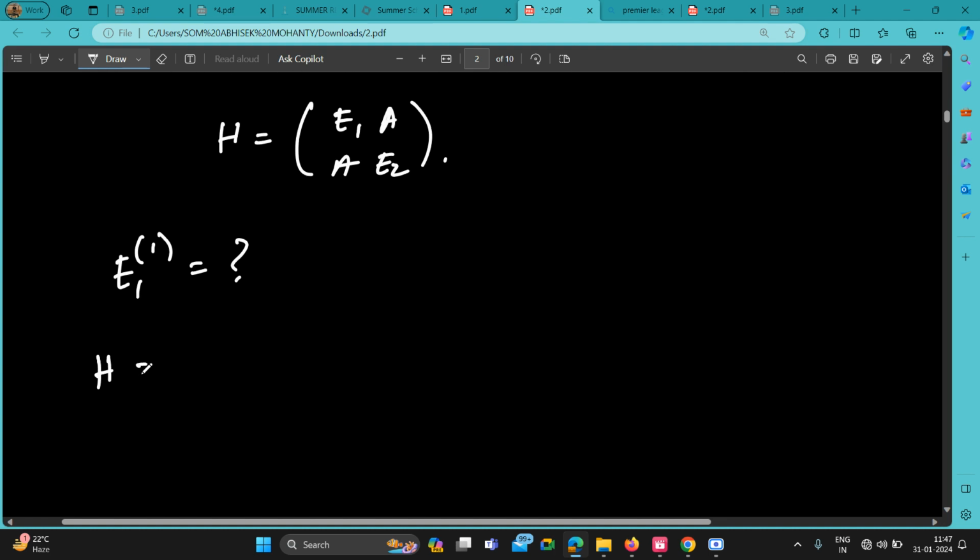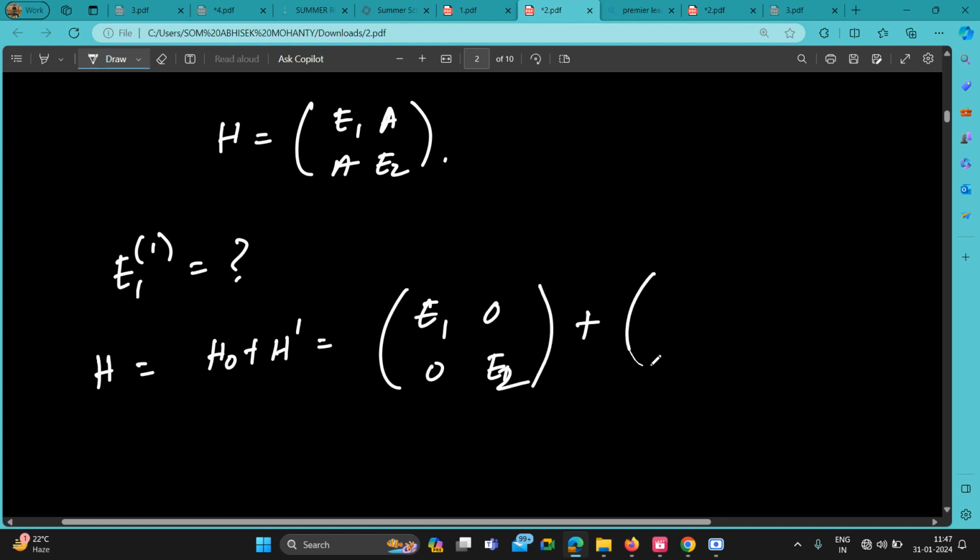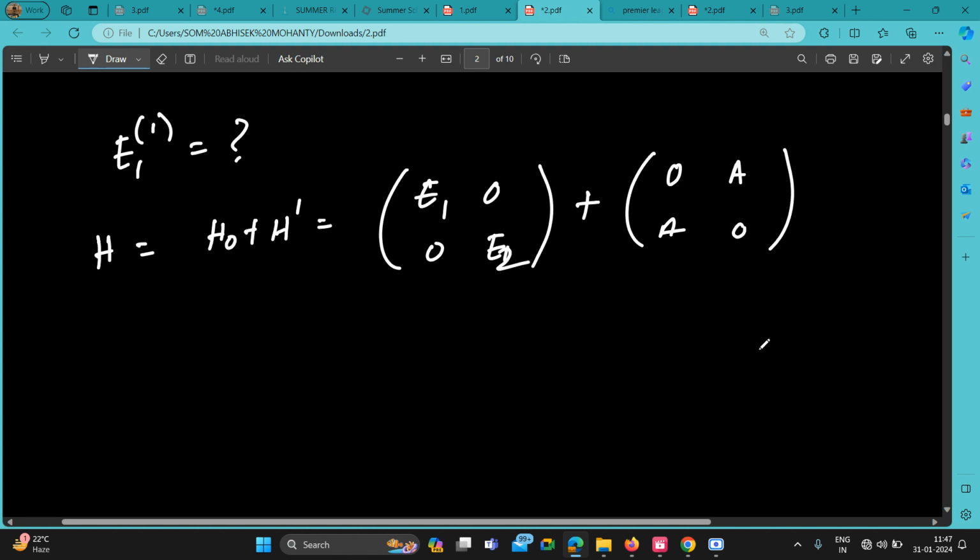So H is equal to H naught plus H dash. H naught I can write as E1 0 0 E1, and H dash is the remaining one, which is 0 A A 0.